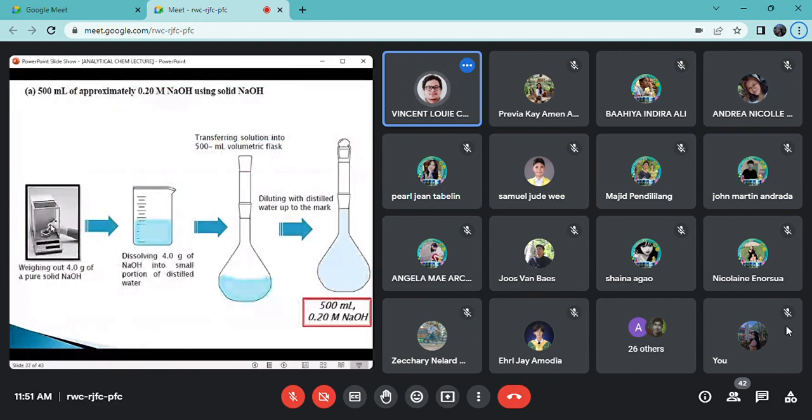You first weigh your 4 grams of pure solid sodium hydroxide, and then you add it first to enough water just to dissolve it, before transferring to a volumetric flask that is capable of holding up to 500 ml of volume. Whatever volume of water you added here at first, kailangan mo lang dagdagan enough to make 500 ml.